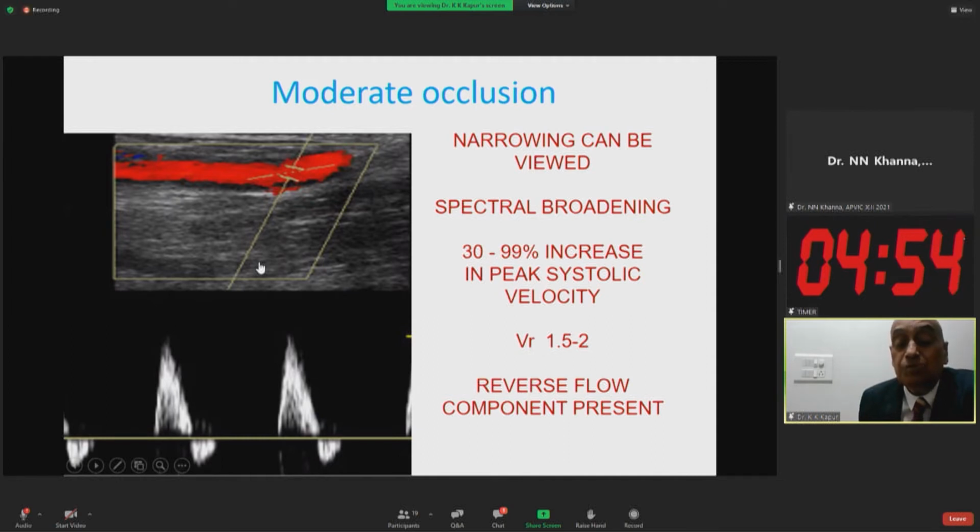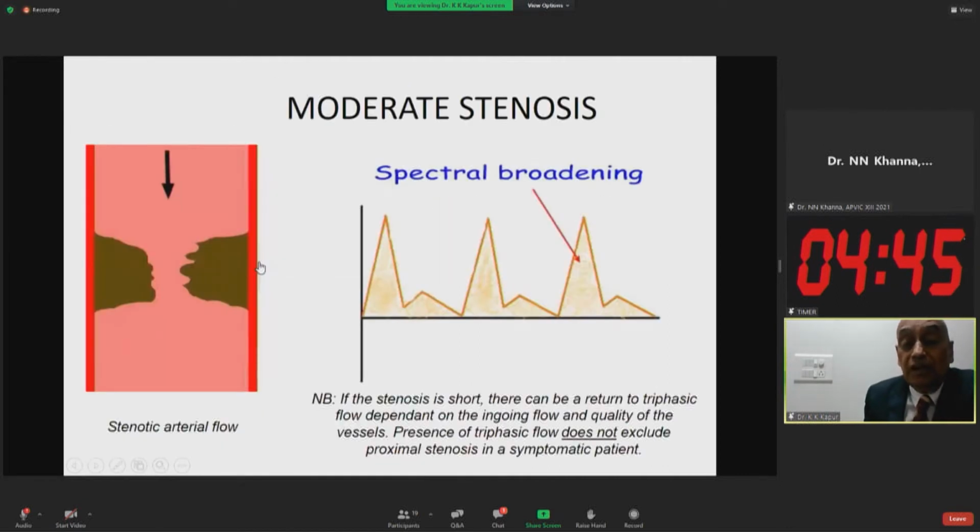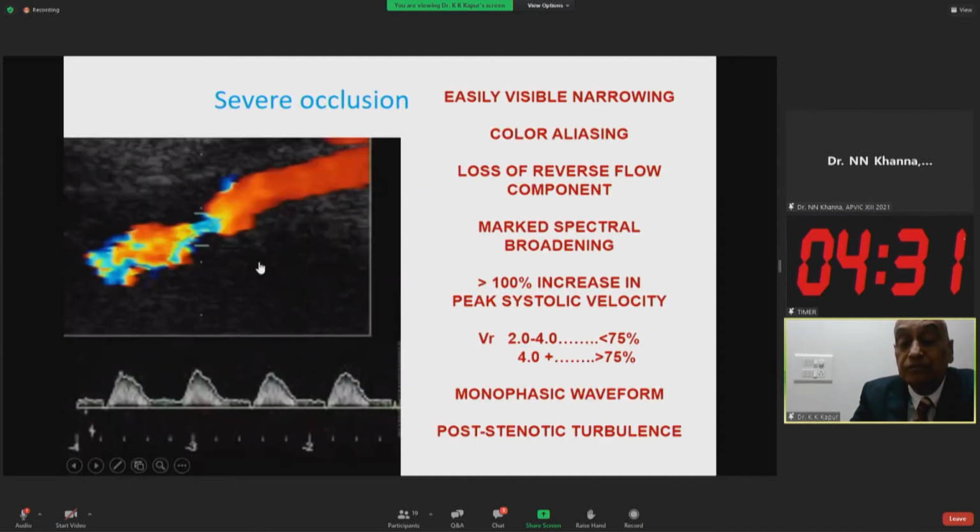The velocity ratio is 1.5 to 2, but the reverse component could still be present. And this shows diagrammatically that there is a complete fill of the Doppler spectrum with the Doppler flow signals, and therefore you don't have any clear space.